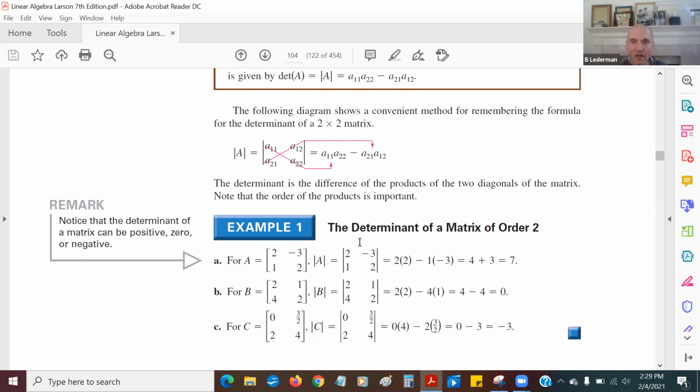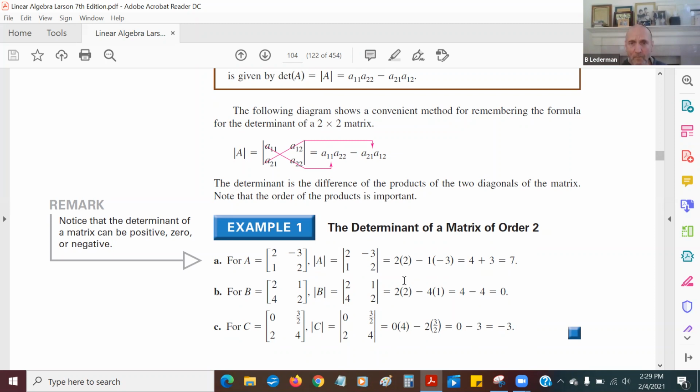That means determinant. One very important thing to realize is that these look very similar, but they're not the same, because this is a matrix and this is a number. A determinant is not a matrix. A determinant is just a number, one that is generated by a matrix.